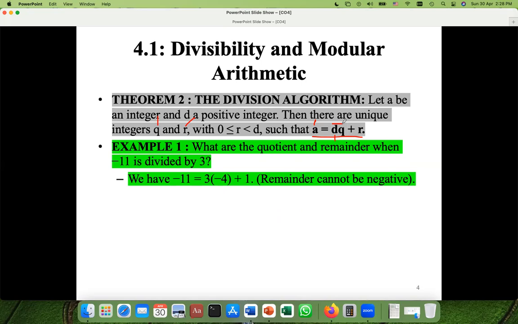If it is not dividing completely, then you will have some remainder also. That remainder can be 0 or a positive number, which is written here: remainder greater than or equal to 0 and less than d. D is a divisor. Understood?